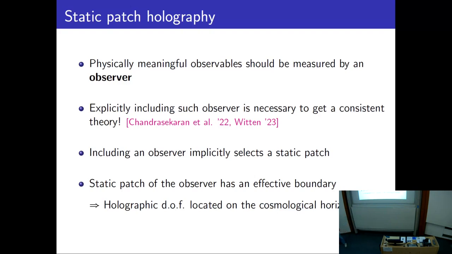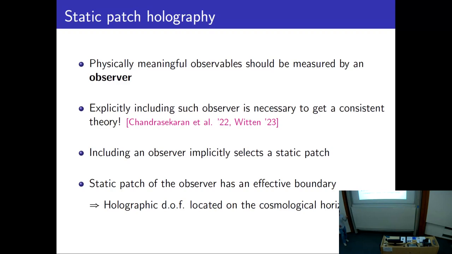And one way to do so is to explicitly include an observer in the theory. Physically, the idea behind this is that any meaningful observable in de Sitter space should be measurable by an observer. So we have to somehow select the observer that makes these observations, and choosing such an observer is implicitly equivalent to choosing a static patch.